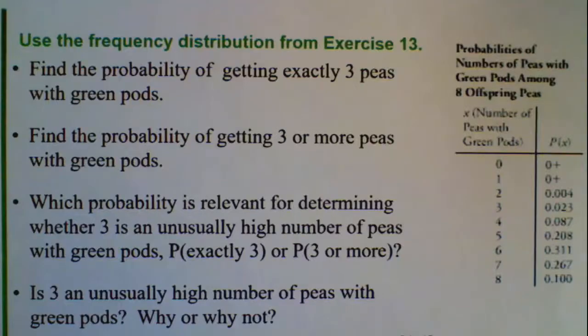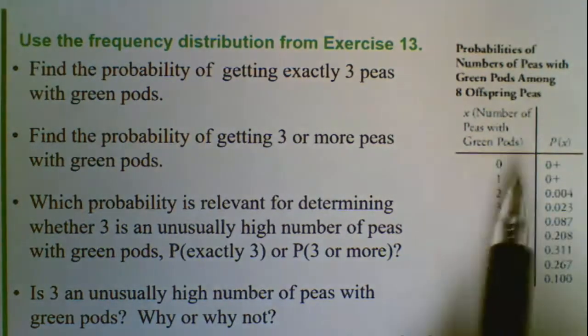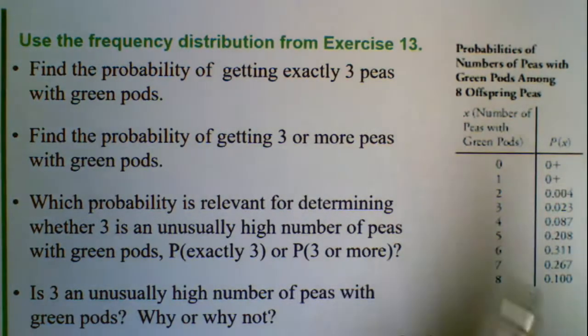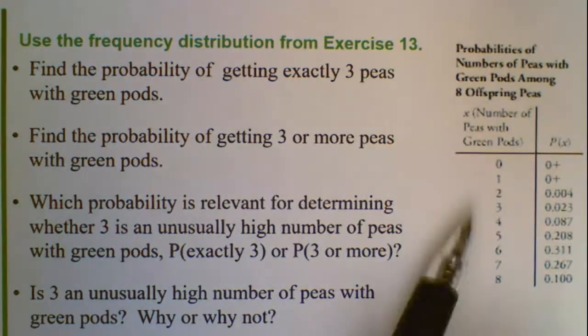Here's the problem that gets folks on the homework and gets them on the practice test and gets them on the test. And they all go back to this slide we just highlighted all over. This is the Gregor Mendel probability distribution that we had a couple slides back. It gives the probability of X out of 8 peas being green peas.